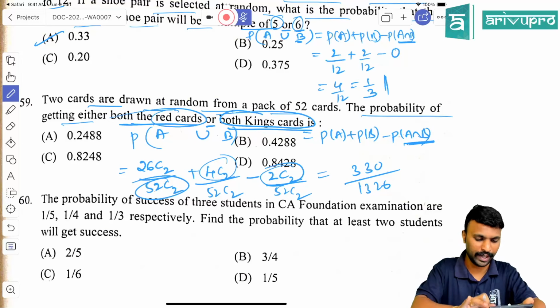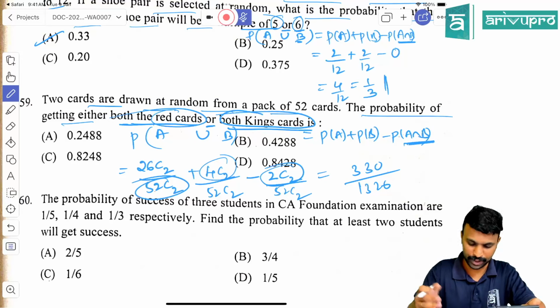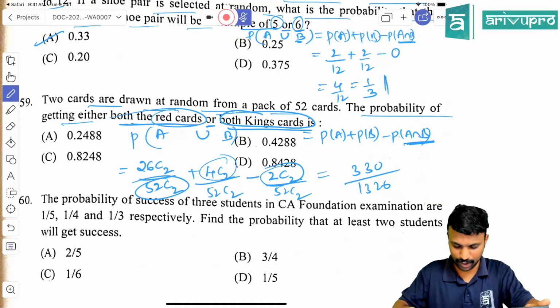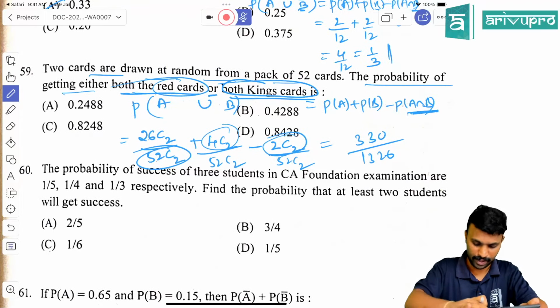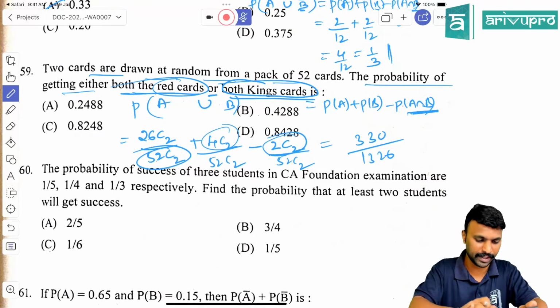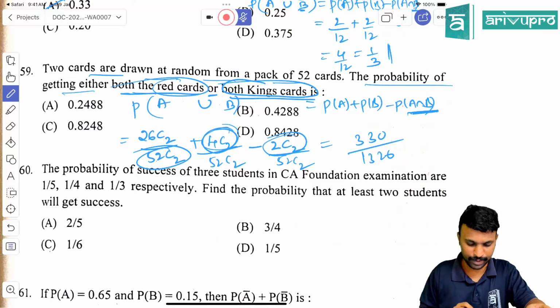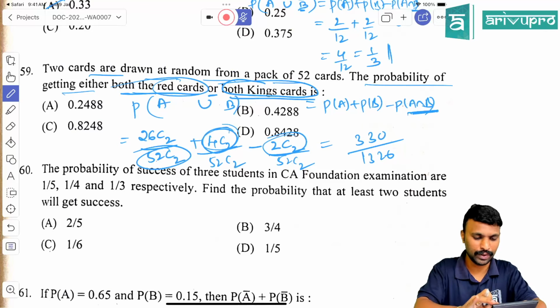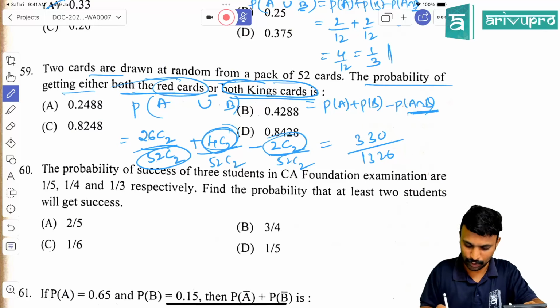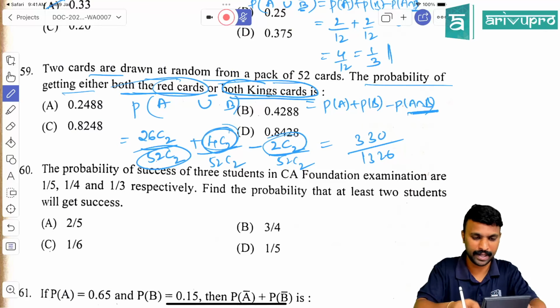52C2: 52 into 51 divided by 2. It is 1326. How about the numerator? What's the value of the numerator? 26C2, 26 into 25 divided by 2, plus 4C2 is 4 into 3 divided by 2, plus 2C2 is 1, minus.